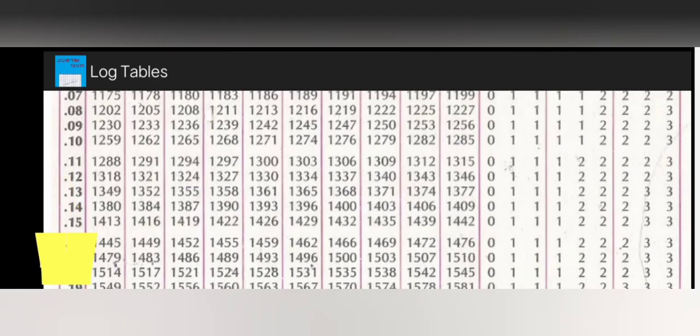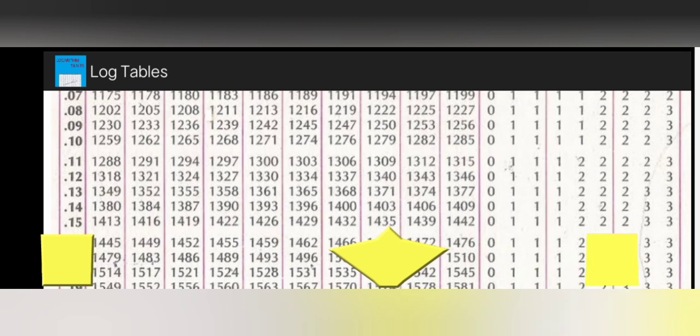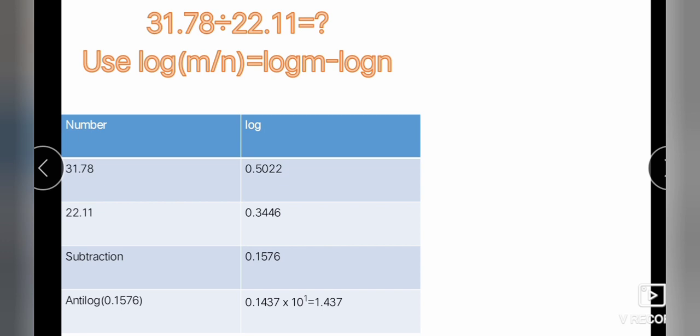For the row 0.15, the value under 7 is 0.1435 and add 2 under column 6, so the value is 0.1437. 0.1437 multiplied by 10 raised to 1 is 1.437, the answer of this division.